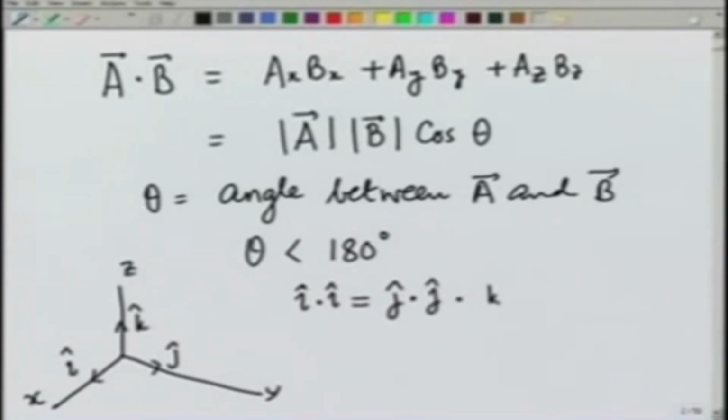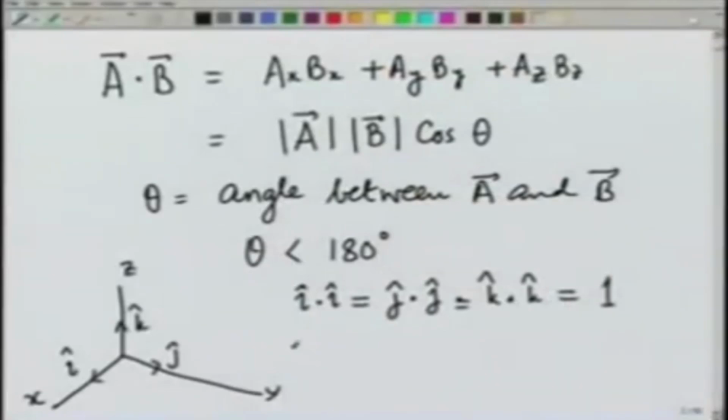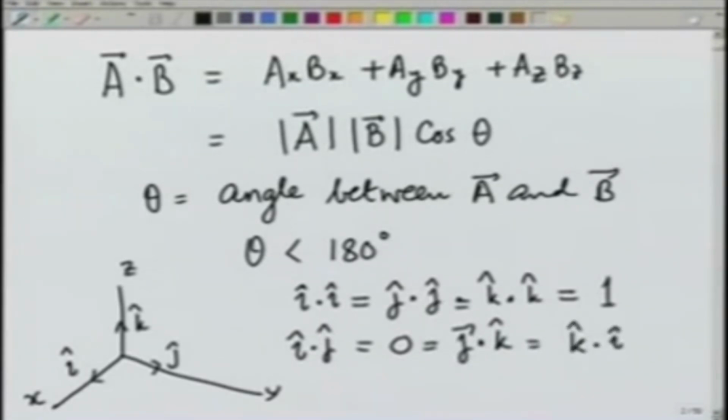They are all equal to 1, because their magnitude is 1 and the angle between j and j or k and k is 0. Similarly, i dot j is 0, so is j dot k and so is k dot i. Notice that the dot product or the scalar product can be both negative and positive, because cosine theta can be negative or positive.